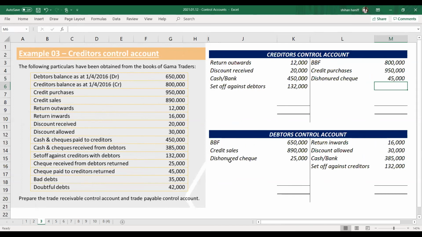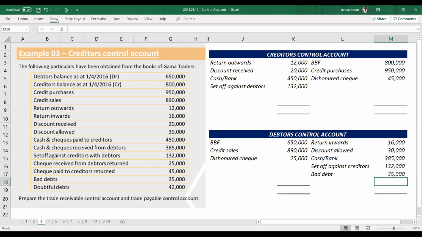Bad debt will reduce the debtors, $35,000. Doubtful debt, what happens? Will it reduce the debtors?